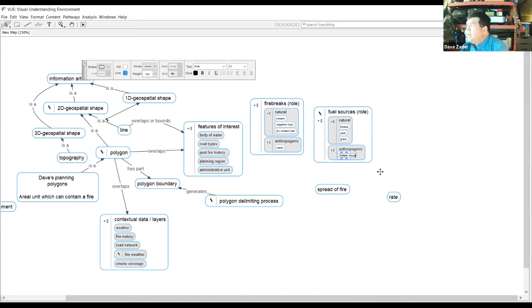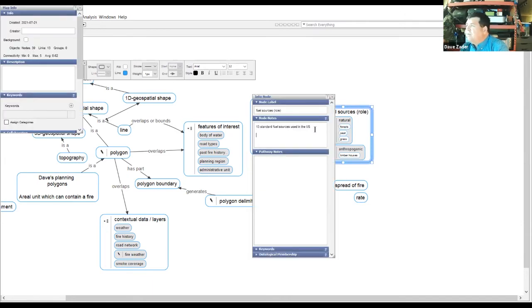The current LANDFIRE data is essentially on a 100 meter by 100 meter square, and they give each one of those squares a fuel model number. But within that area, it may be vastly different from one meter to another. So it's just a generalized category of what the predominant fuel is inside of that.